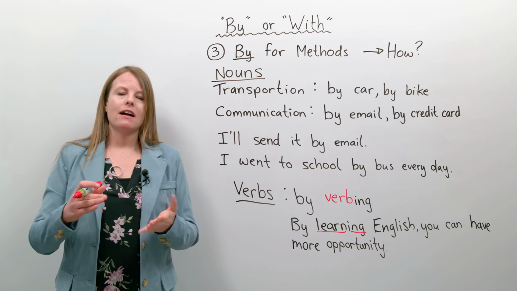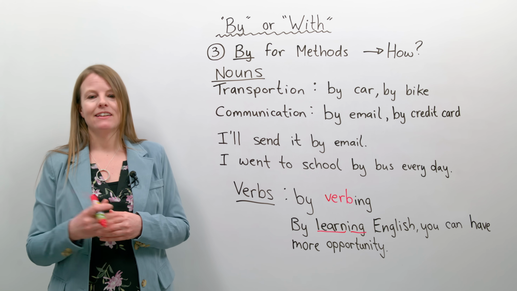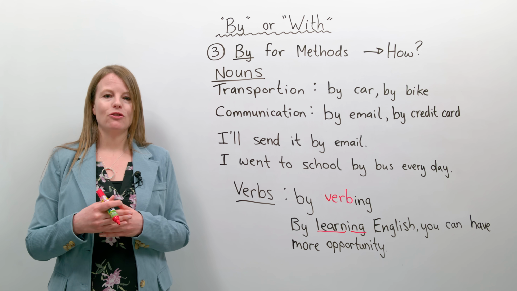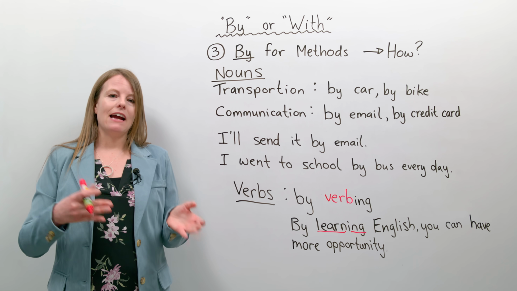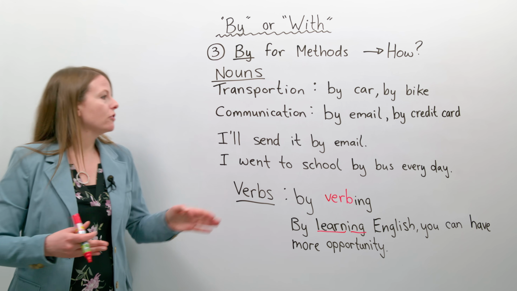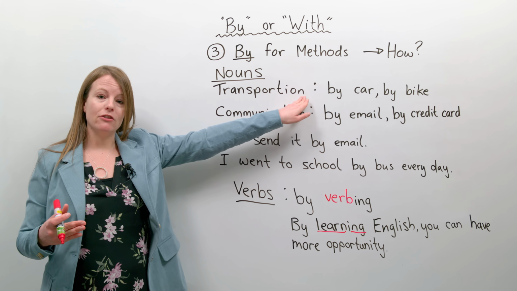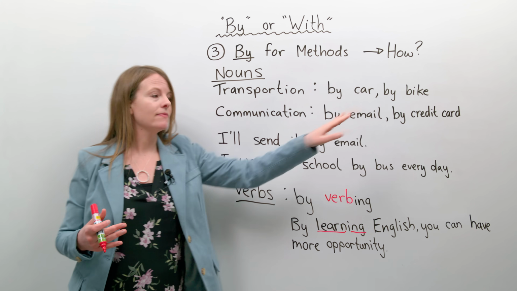For example, I'm going to Japan by train, or I'm going to Australia by plane. I am going home by foot. So when you're talking about transportation, you can use by and then the mode of transportation.